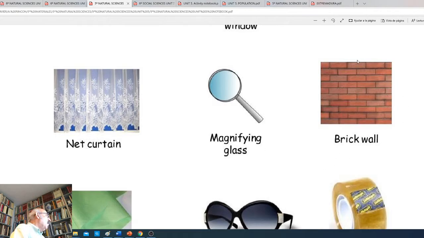What about this brick wall? Let's move to this brick wall. What kind of object is this brick wall? Is it opaque? Is it transparent? Is it translucent?